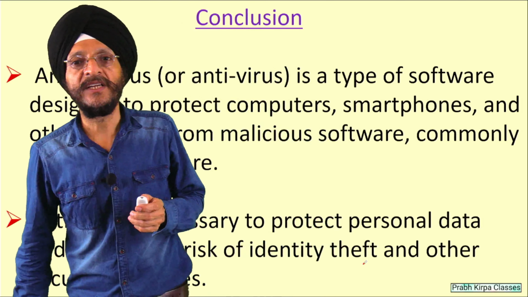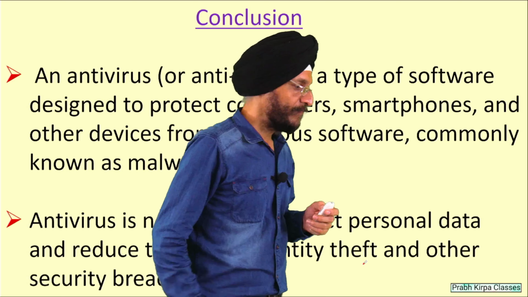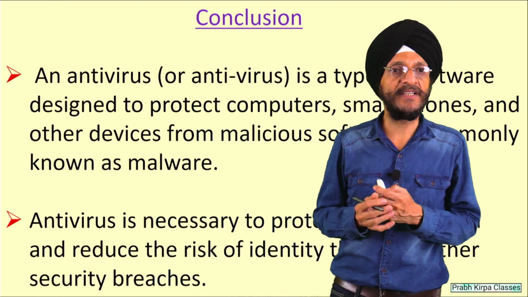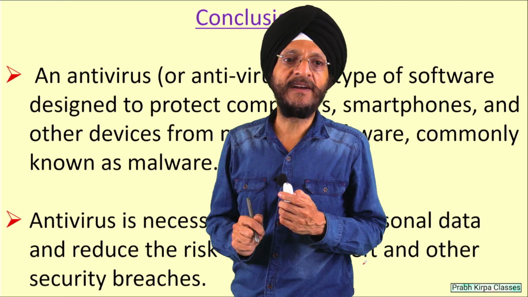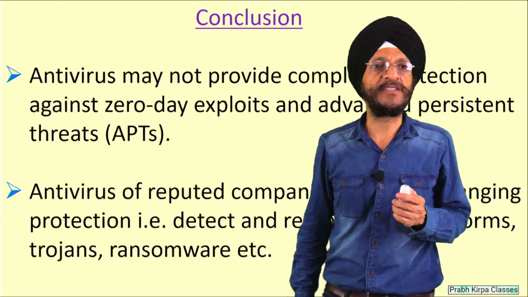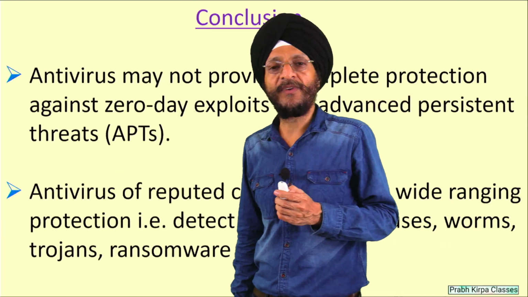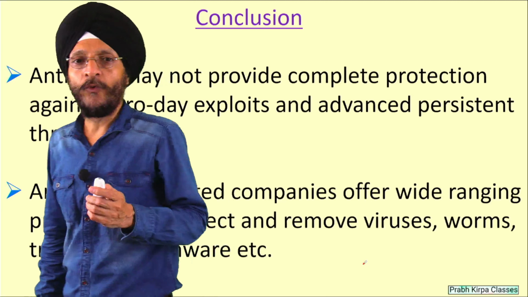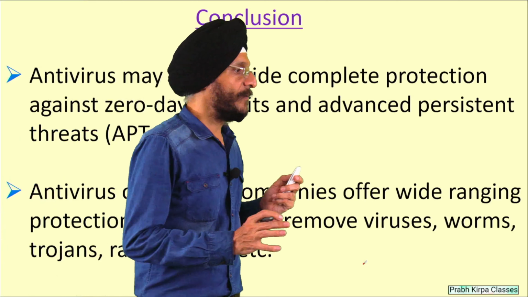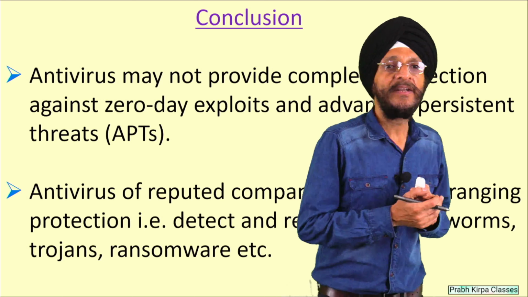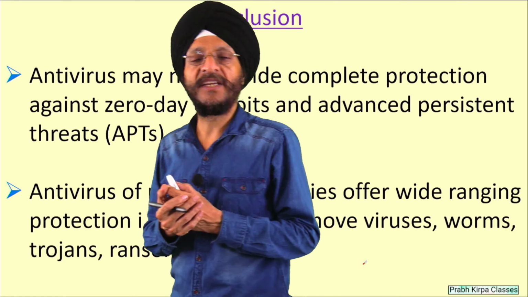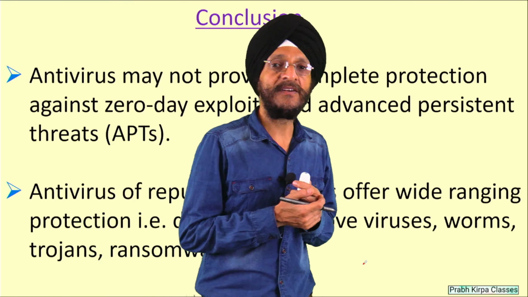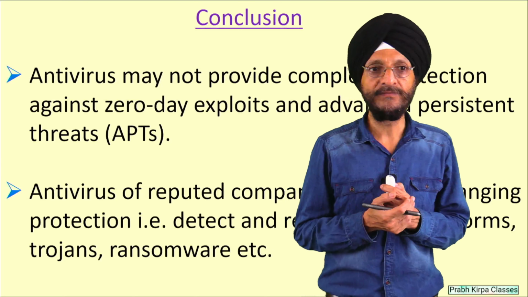Antivirus software is necessary to protect our personal data, our business data, and reduce the chances of identity theft and other security breaches. Antivirus software is not foolproof security, and it is not likely to provide complete protection against zero-day threats and advanced persistent threats.